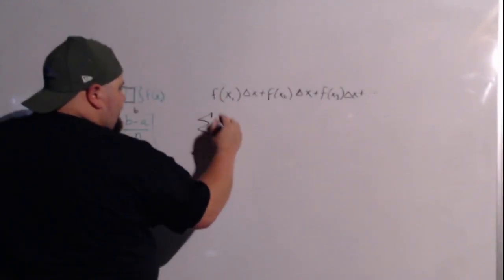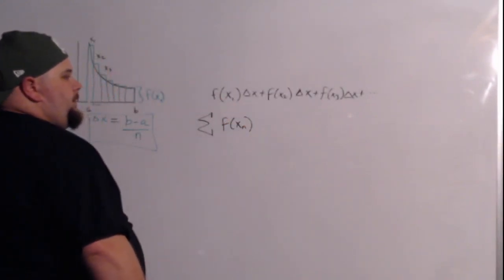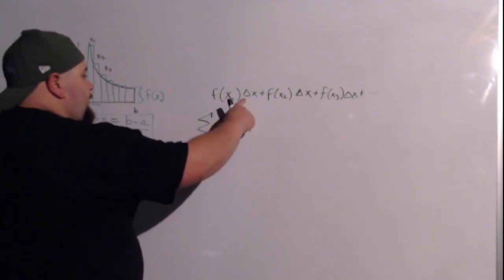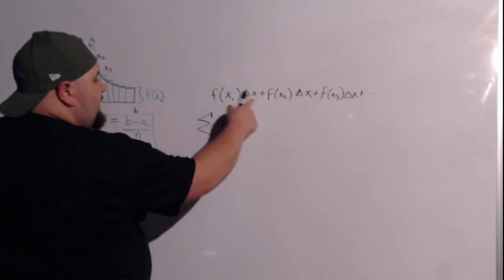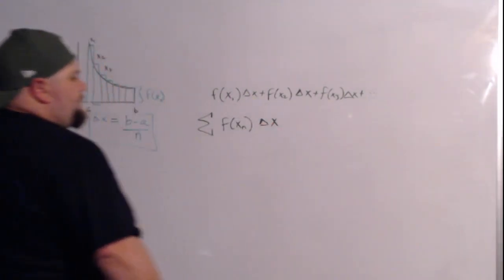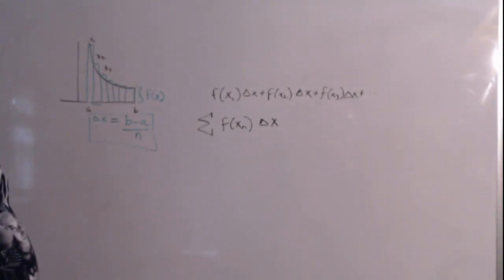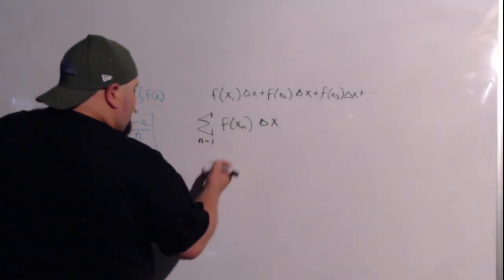Instead of f of x, we can write f of x sub n. This delta x, we could make different. We could make it sub n. But in this case, we're going to say they're all the same thickness, so just all times delta x. And then this needs to run from n equal 1.